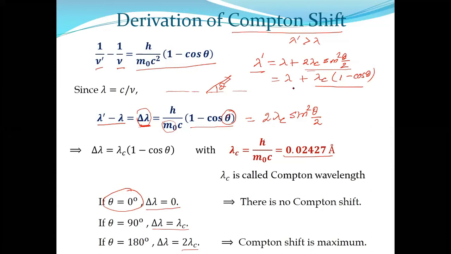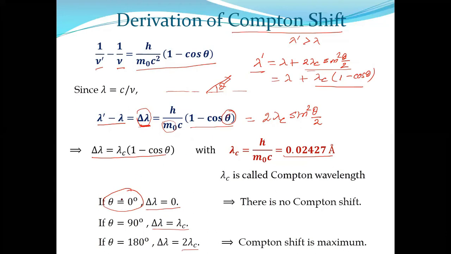Now you will observe in that practice material, there are so many questions on modified and unmodified lines. What is the origin of modified lines? What is the origin of unmodified lines? That type of questions. So modified line means due to the Compton effect, we get this wavelength shift. The wavelength shift depends on the angle.